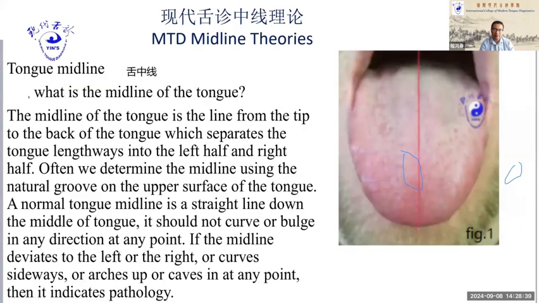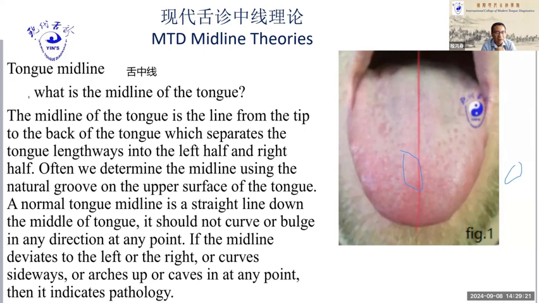Let's talk about the important theory we call MTD, midline theory, tongue midline theory. What is the midline of the tongue? The midline of the tongue is the line from the tip to the back of the tongue, which separates the tongue lengthways into the left half and the right half. Often we determine the midline using the natural groove on the upper surface of the tongue.